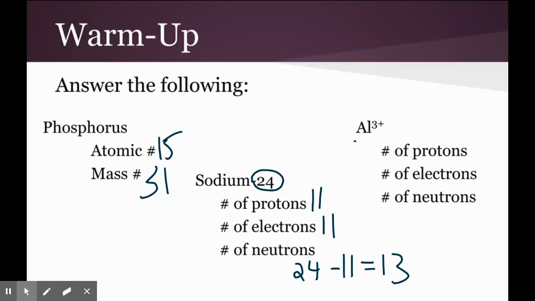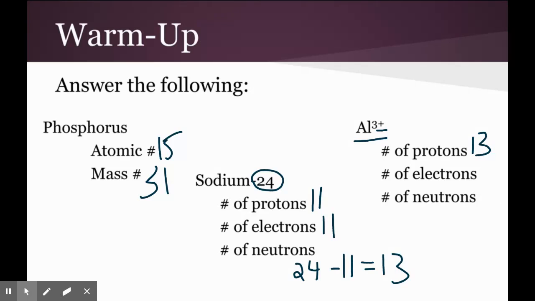And the last one here, aluminum 3+. The 3+ tells us that this is an ion, and since it is a positive ion, that means it has lost electrons. If we look for aluminum on the periodic table, we see that it has 13 protons.